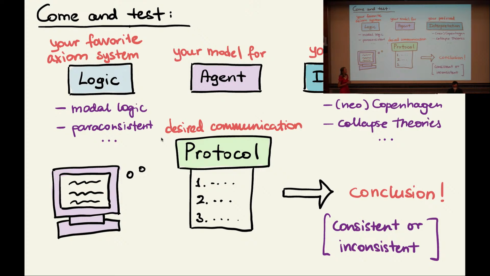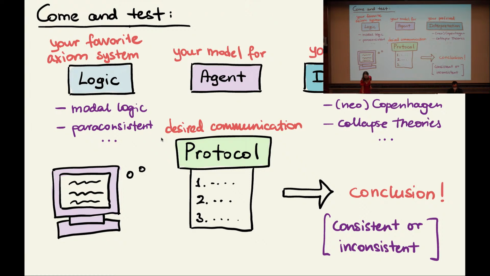I briefly talked about them before. And you can input the desired communication protocol between your quantum computers, quantum agents, and it will give you the conclusion whether your chosen set of axioms is consistent or inconsistent. So do agents in this particular protocol that you want to test come to consistent or inconsistent conclusions?